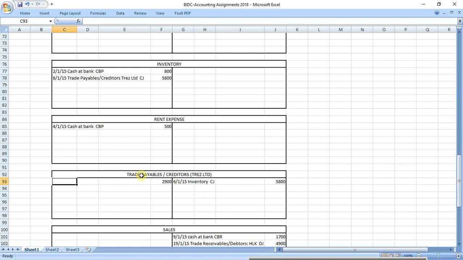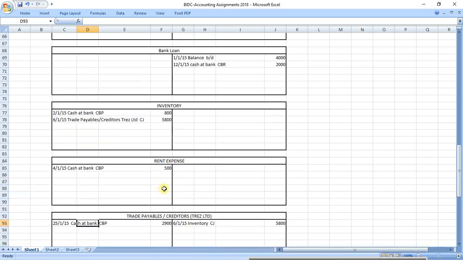All right, so day 25. 25/1. CBP or? It would be a payment, yes, because it's affecting the bank. All right, so cash at bank, CBP, 2,900. Is that okay? Yeah. Okay, great. So cash at bank would also be credited?